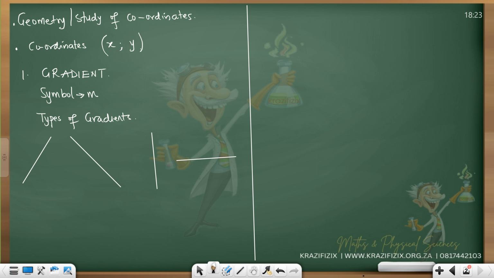The first one, you can see the direction is going up. All right, so this gradient is positive. Positive gradient. This one is a negative m.